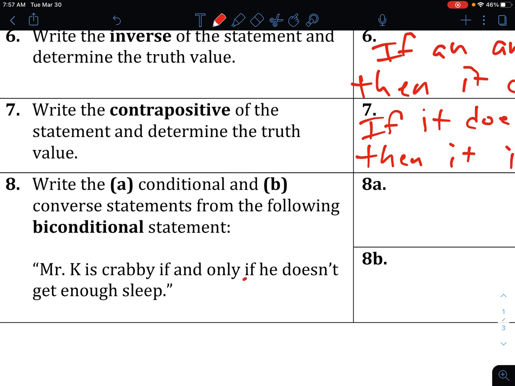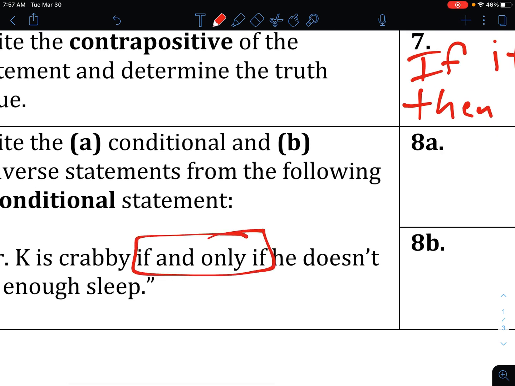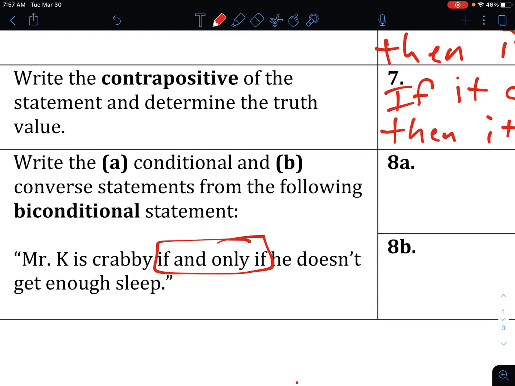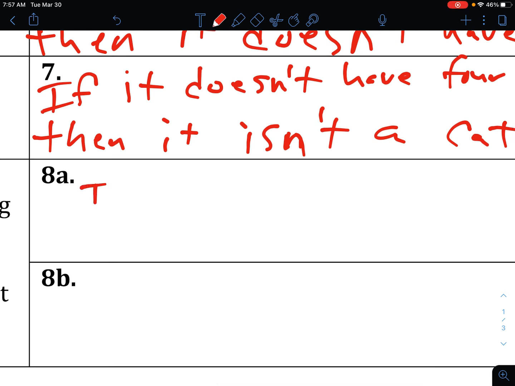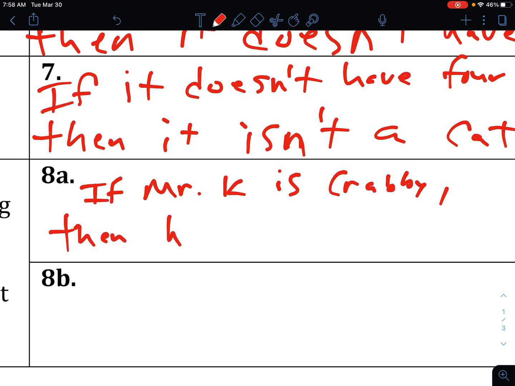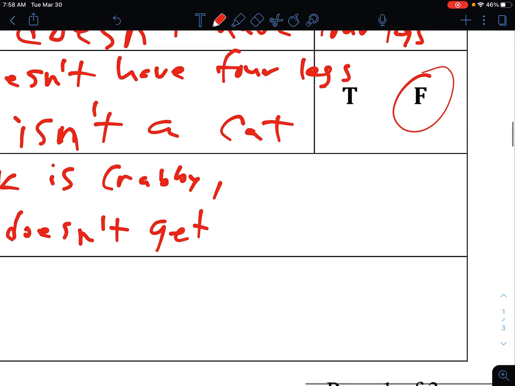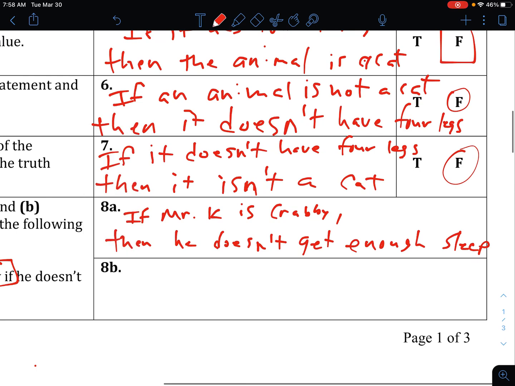All right. So this is a biconditional because of if and only if. So we're going to take that out and write an if-then statement. If Mr. K is crabby, then he doesn't get enough sleep. Okay?